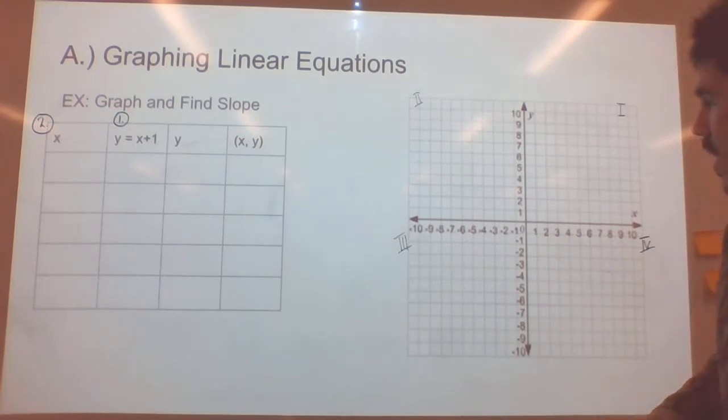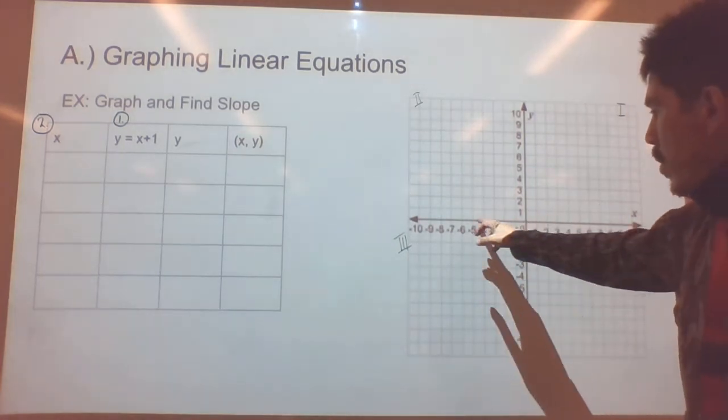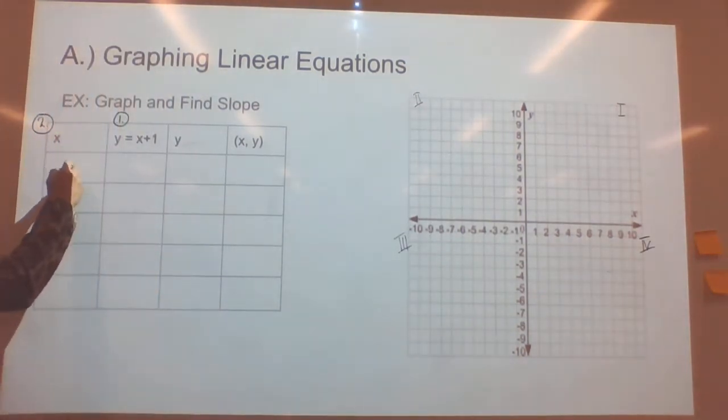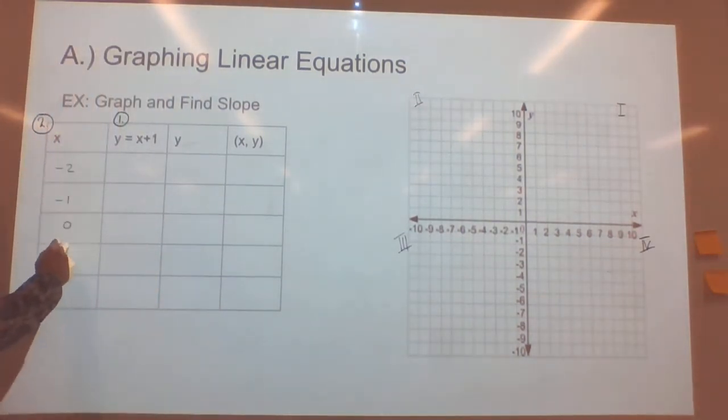So we're going to choose x values on both sides: -2, -1, 0, 1, and 2.